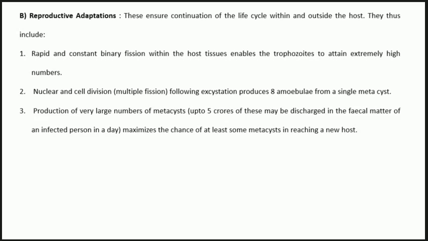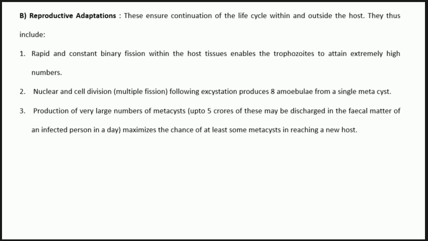So it maximizes the chances that at least some metacysts reach a new host. Out of 5 crore, at least 10 or 20 or 50 metacysts reaching a new host is possible. So if the number is increased, there is more possibility that it will infect. This reproductive success ensures the presence of a large trophozoite population for colonizing host tissue.